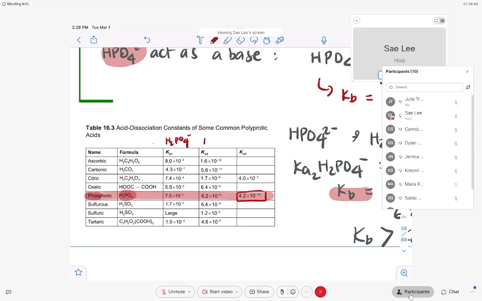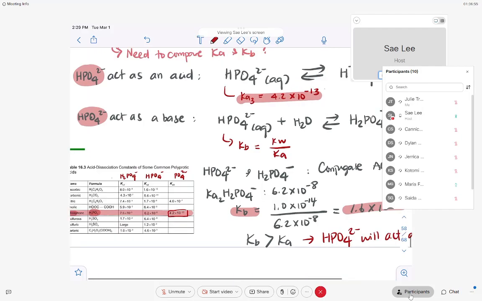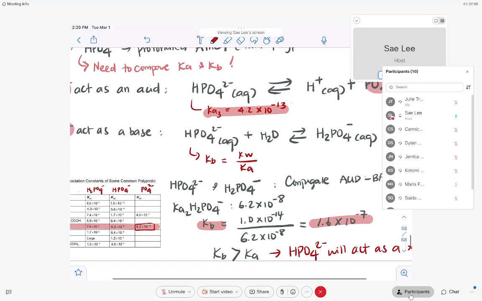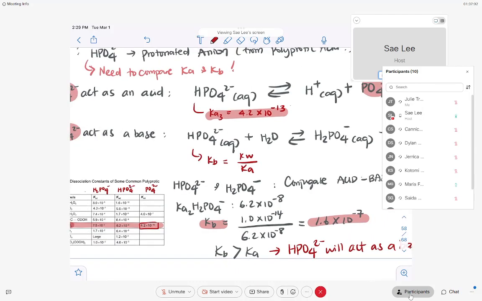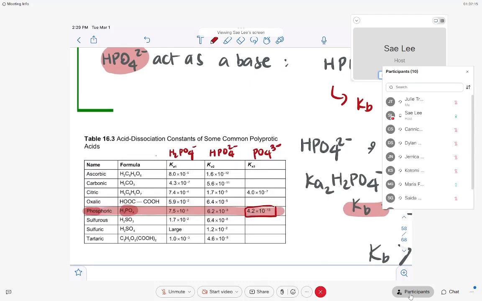After another deprotonation, you will have HPO4 2 minus, and then after another deprotonation, you will eventually have PO4 3 minus. Is that clear, or do you want me to explain further? No, it's clear. Thank you.